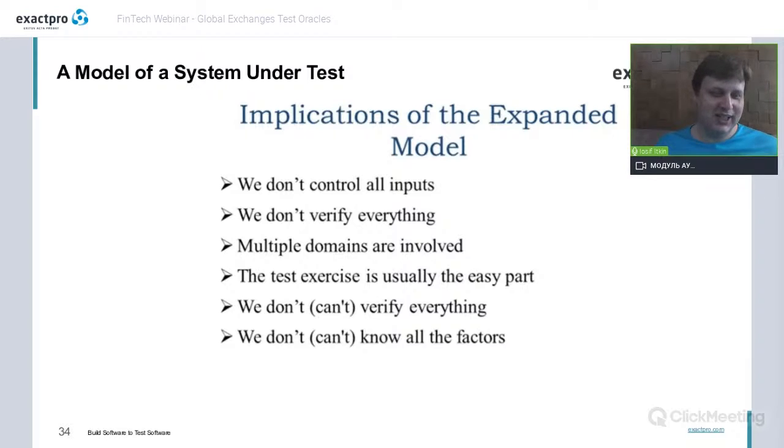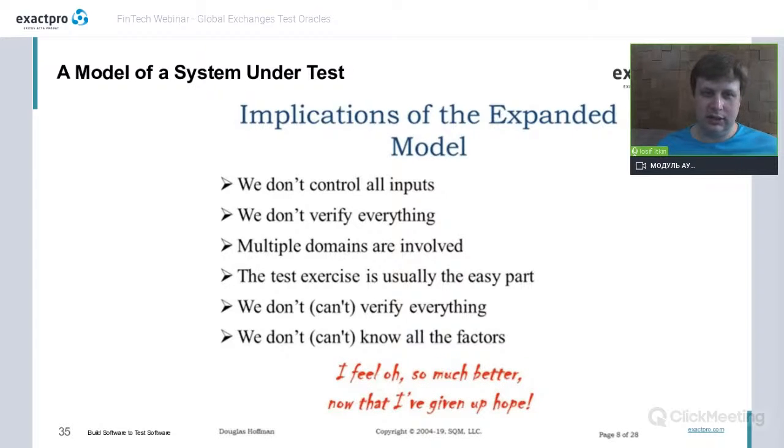It is easier to run the tests. It is difficult to understand what's going on and to set up everything in a more or less predictable manner. We can't verify everything, and we can't know all the factors involved. So he has this one. It is such a good thing to give up all hope for the possibility of test automation.